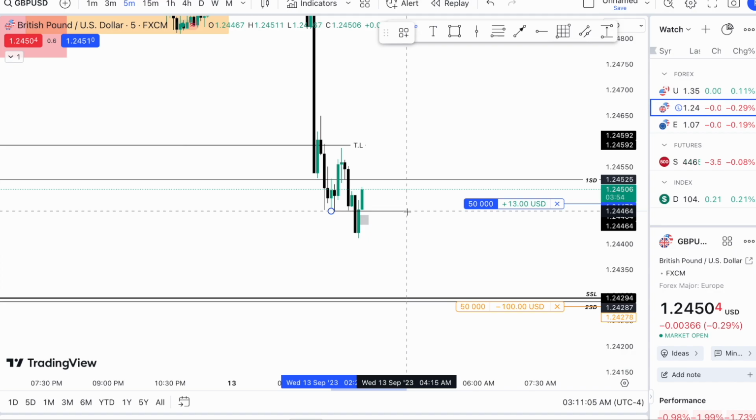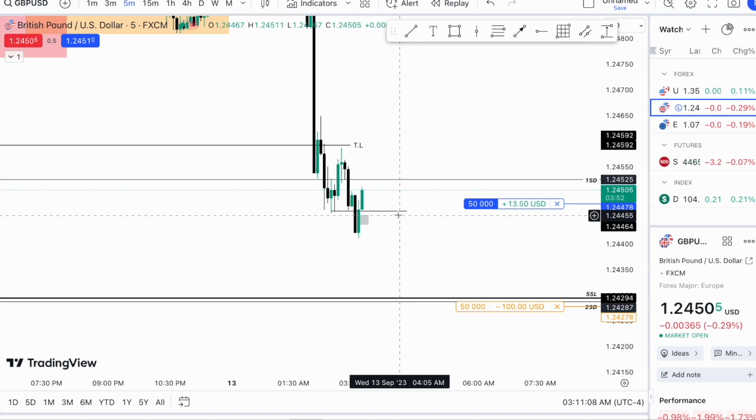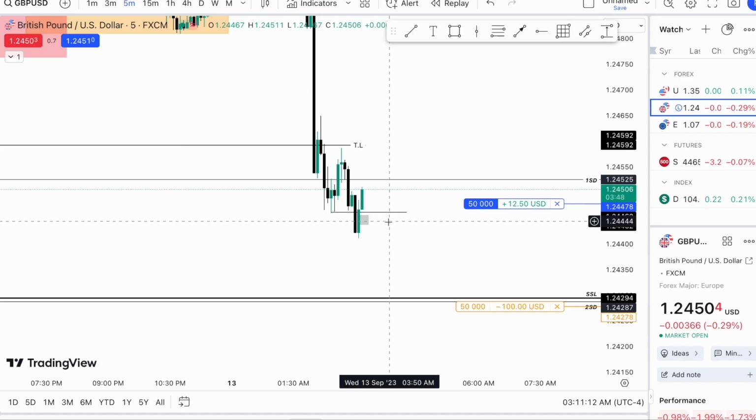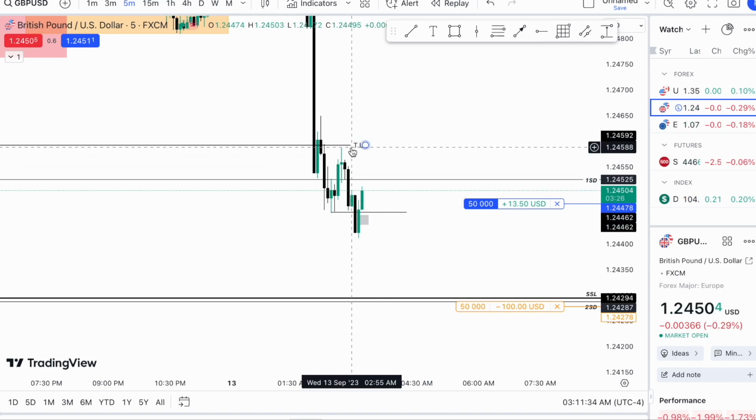So it limits the amount of trades we take per week. Also, if I hadn't participated in the market and gotten the success we've had so far this week, my trade would have definitely been 2 lots, and I would have looked for objectives over these highs and maybe this high.